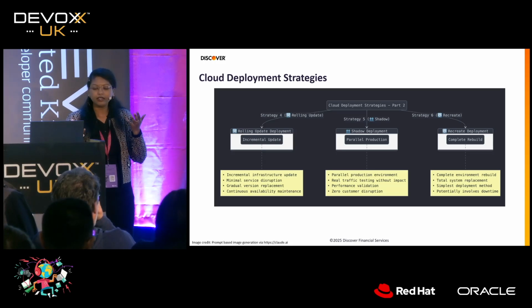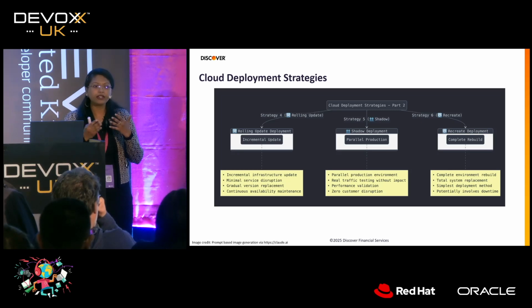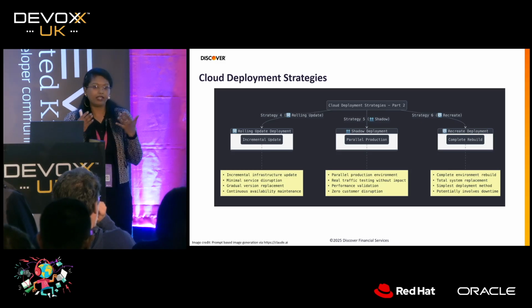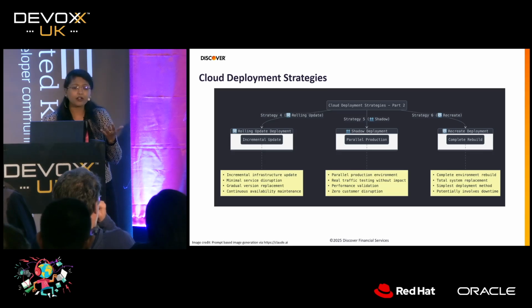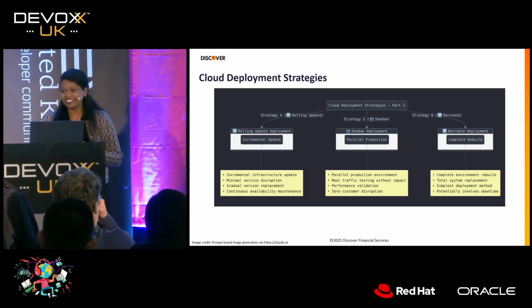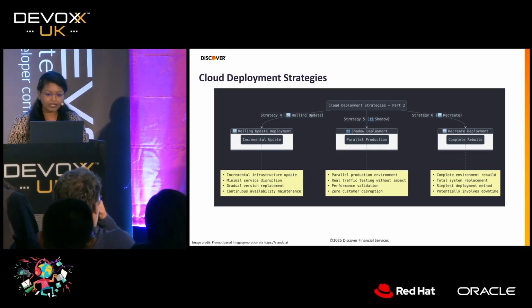So probably run it for 2 or 3 months in production parallel, and one fine day when we have gained that confidence, on the go live day, just flip the traffic. So it's easy. But there's a cost associated to it because now you're running both the environments for a few months.